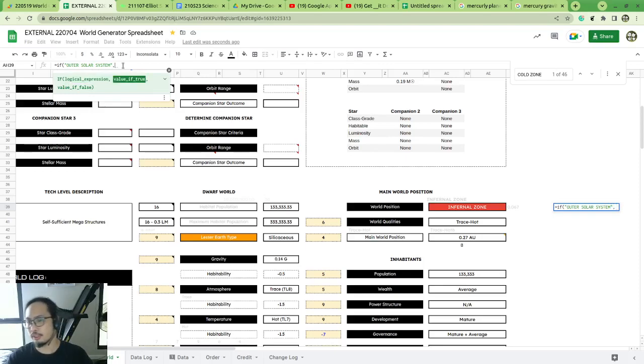If outer solar system, return this die, so this is the exploding die. If not, if not 0.